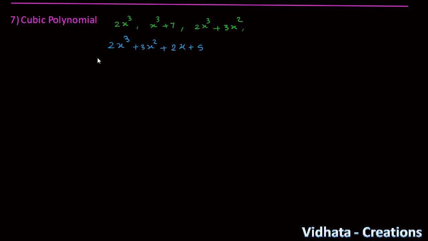Now, can you say how many terms at most a cubic polynomial can have? A cubic polynomial can have at most 4 terms. And a cubic polynomial is a polynomial having degree 3.